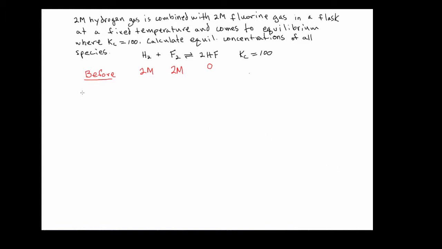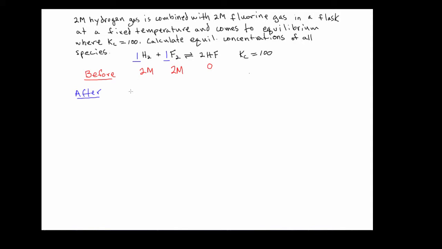Now, once the reaction comes to equilibrium, there's going to be a shift to the right. We know there has to be a shift to the right because we're starting the reaction out where there is no HF, so the only direction that the reaction can move is to the right. There's going to be a shift to the right to produce some HF, and that means we have to pay attention to the stoichiometry of the reaction, noting that 1 mole of H2 must react with 1 mole of F2 to produce 2 moles of HF.